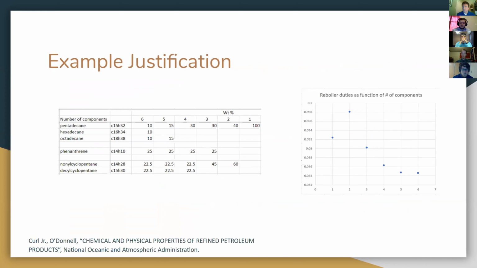And as the reboiler duty on that flash drum changed and went constant, that's when we decided that removing or adding components was no longer necessary, and we had an accurate representation of that cut fraction. And so this is our example from diesel, and you'll see that a number of 5 components was acceptable for the diesel cut fraction. We also made sure to keep the relative amount of paraffins, aromatics, and cyclic compounds constant as well.